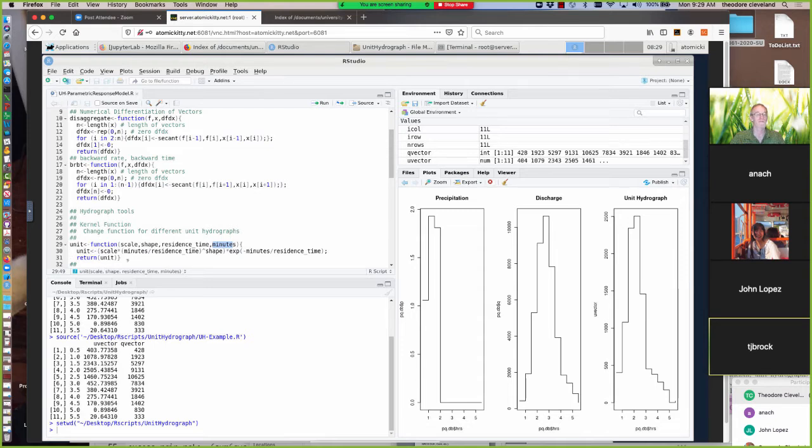What it returns is it takes the scale, multiplies by minutes over residence time raised to the shape, times the exponential of minus minutes over residence time. That's not a terribly elaborate function, but it's going to have all the properties of a unit hydrograph. If you were to integrate that for any value of scale, shape, and residence time that are non-zero, from minus infinity to infinity with respect to time, it would integrate to 1.